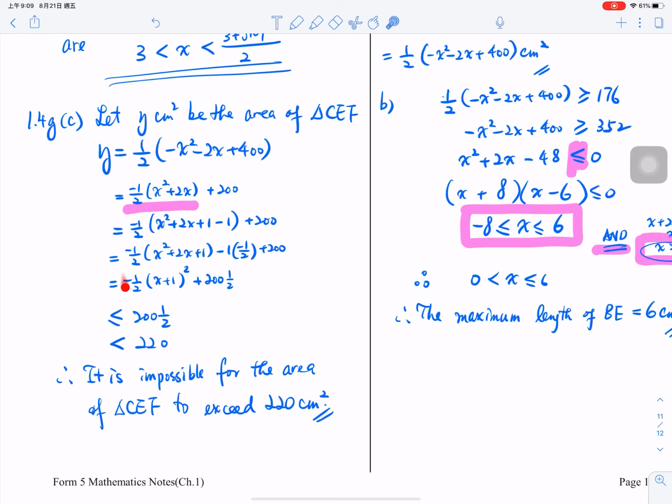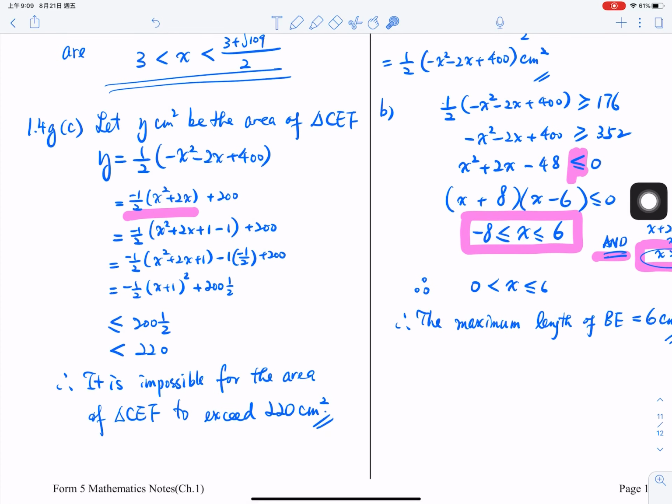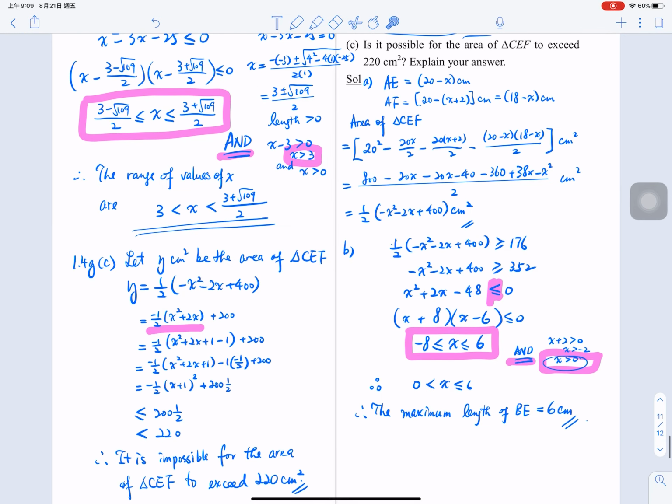Perfect square can equal 0, so for the value of the area, it must smaller or equals to 200 and 1/2, okay? So it must smaller than 220. So impossible for the area of triangle CEF to exceed 220 cm square. Okay? Hope you understand clearly.